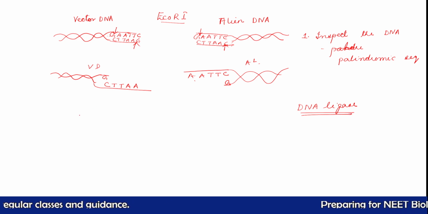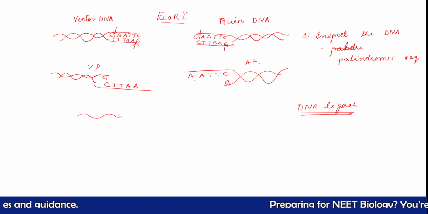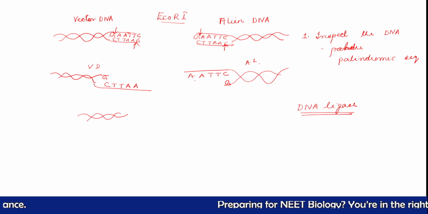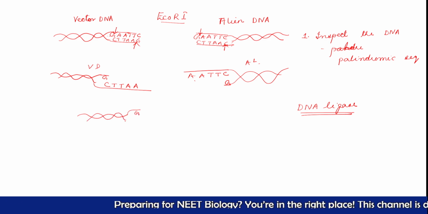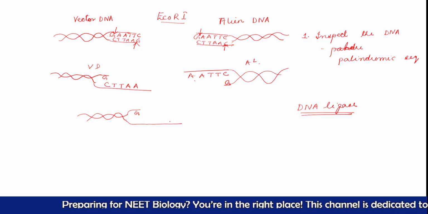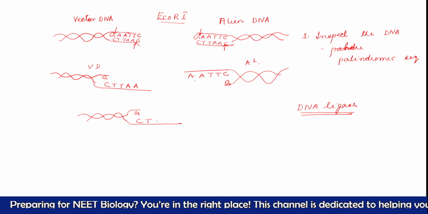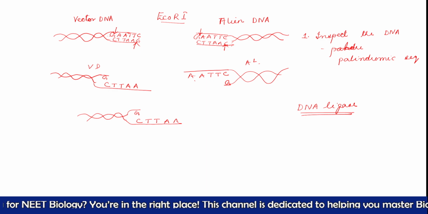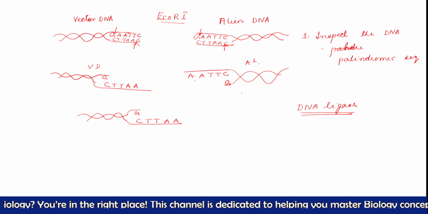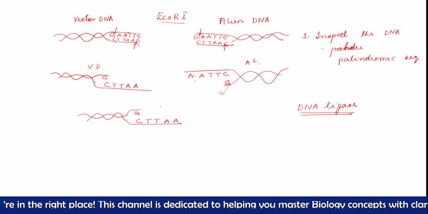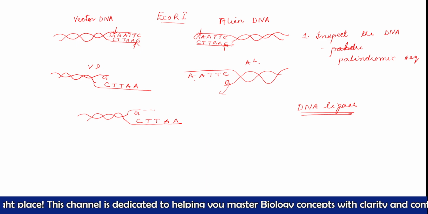Okay, so here the DNA strand and the vector DNA is there. Here C T T A A. This much is there. Now think about the alien DNA. Alien DNA part also we will be joining here.